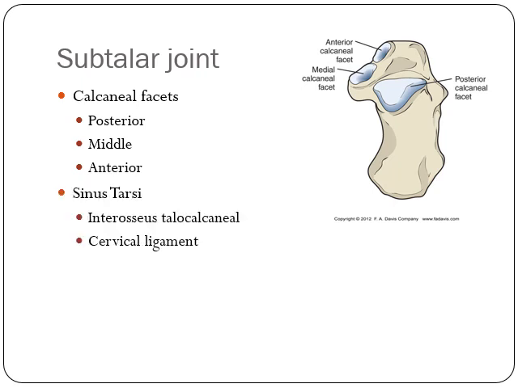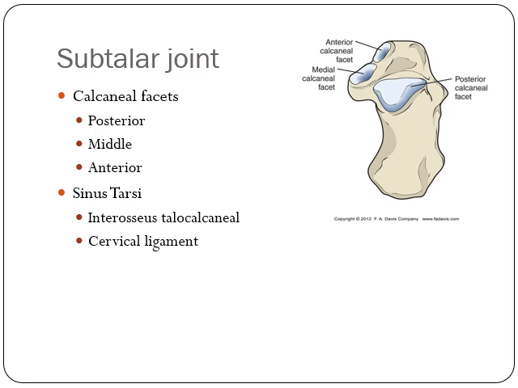Then when we look at the sinus tarsi, that's the depression right in front of your lateral malleolus. If you go down onto your ankle, you can feel this for yourself. Come slightly anterior, and that's where we have other important ligaments that help bind the talus to the calcaneus.